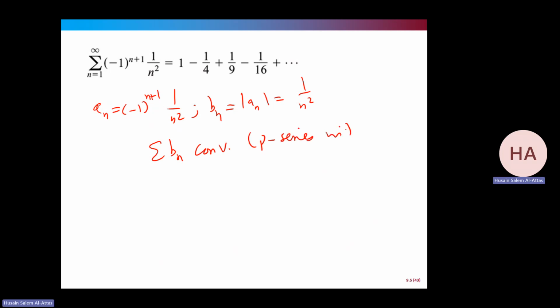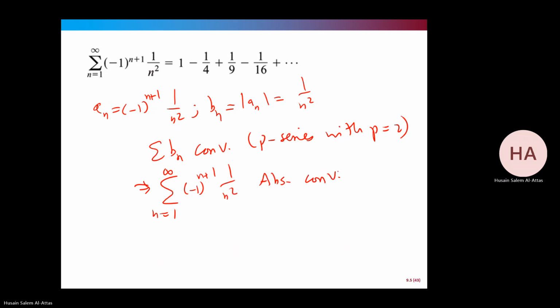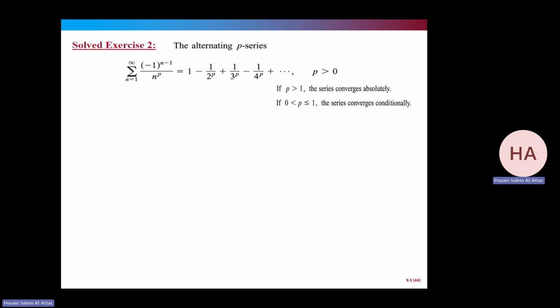The p series will be equal to. That implies this series is absolutely convergent. Okay. The alternating p series. Yeah.